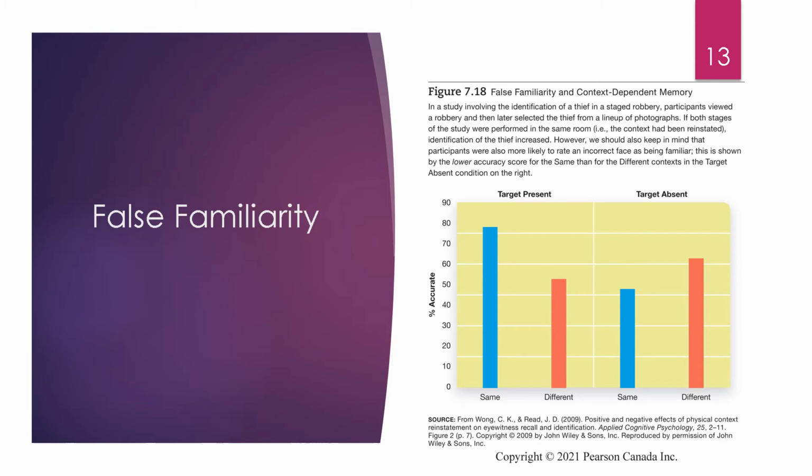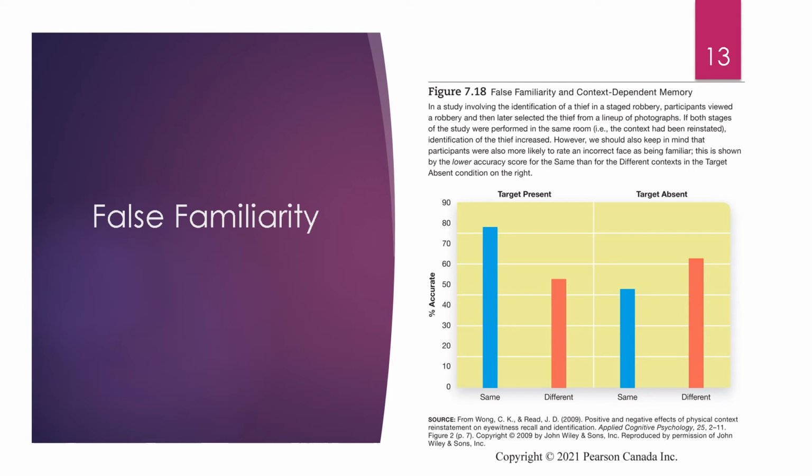So you see in the target present condition, if they showed them a bunch of photographs and the thief was actually in the photographs, they did do a better job of identifying him. You can see with the column that says same under the target present section that they were better at identifying him in that case.